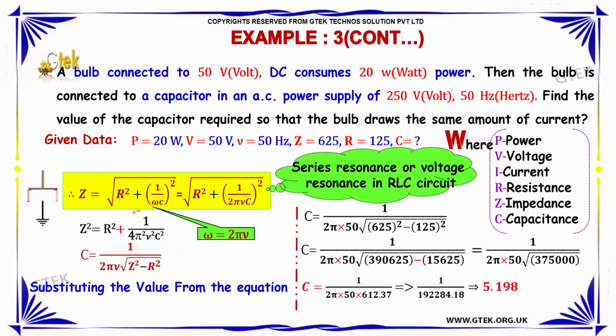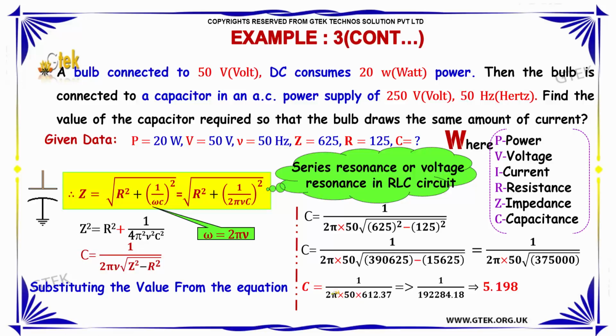So substitute the values for nu as 50, Z as 625 and R as 125. You get this. So 625 square is 390625, and 15625 is 125 square. You get 2 pi into 50 into root of 375000. So root of this is 612.37.